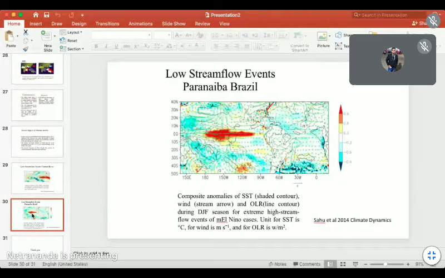So all these things, the stream arrows and the OLR, and the shaded part is SST, sea surface temperature. That means sea surface temperature warming and cooling also influence a river basin's drought and flood, and that drought and flood also influence the water resource management systems of a particular area.